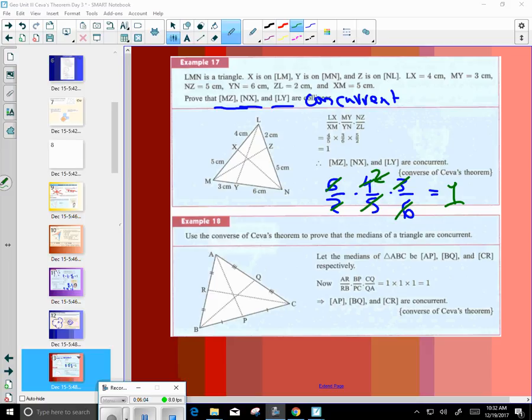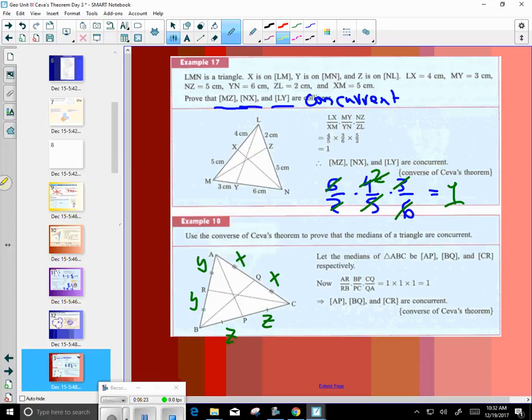Let's take this one. This is a little more interesting. Use the converse of Ceva's theorem to prove that the medians of a triangle are concurrent. So this is like x, x, y, y, z, z.